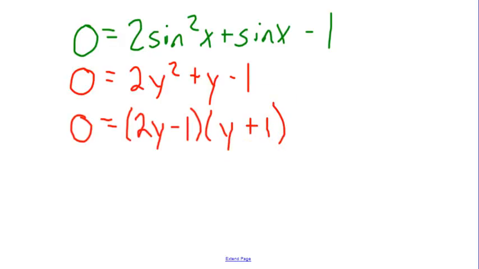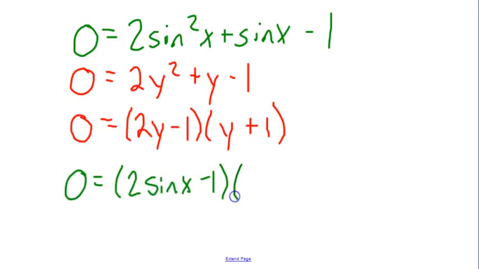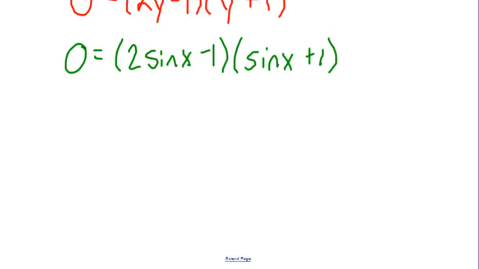Okay, so now once we see how we can factor that, we're going to substitute sine of x back in for y. So we have 0 equals 2 sine x minus 1 and sine x plus 1. So now we have our two factors. We're going to do the same thing we've done in the past, set each of these equal to 0.